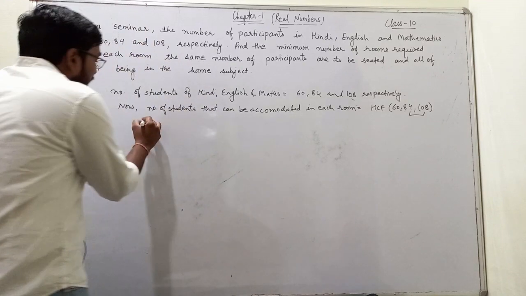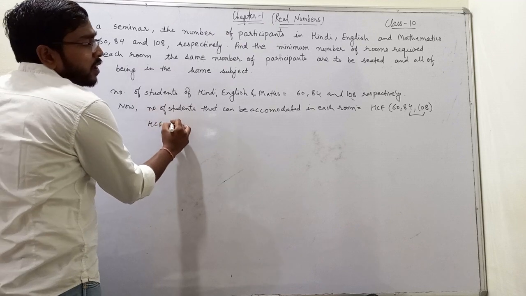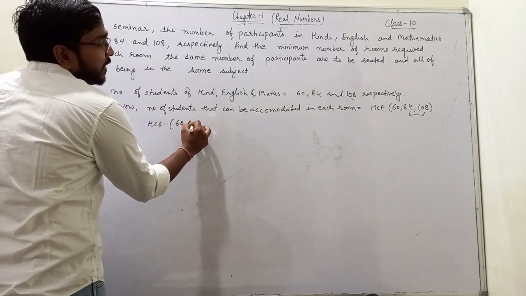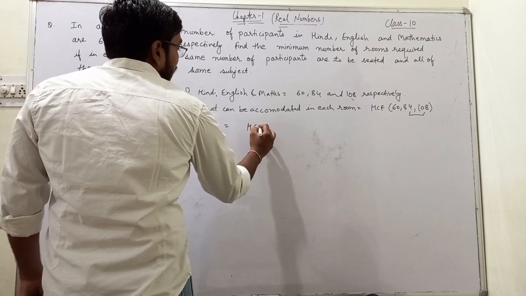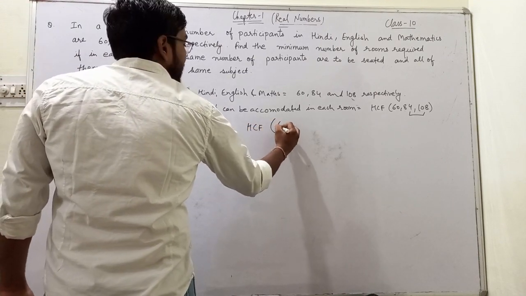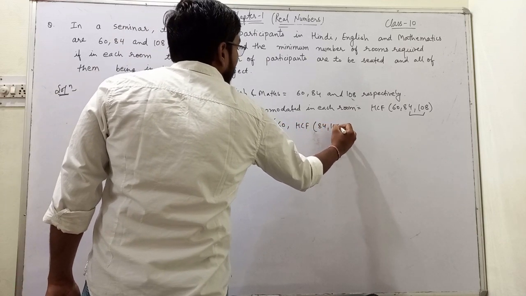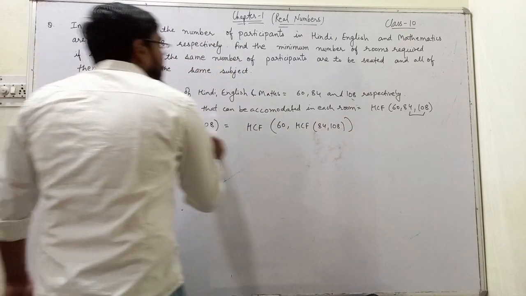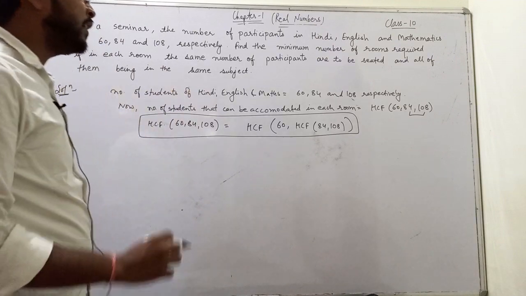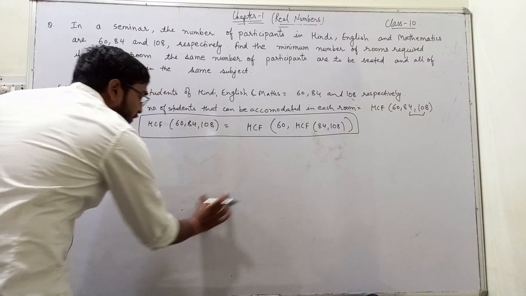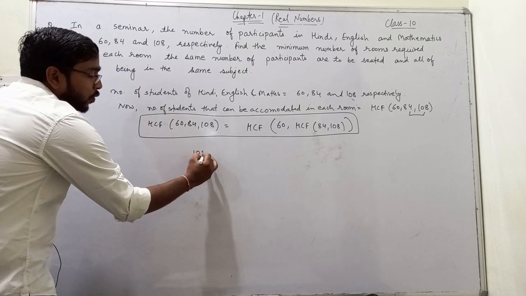Now HCF of 60, 84 and 108 can be written as HCF of 60, comma, HCF of 84 and 108. It is a very important statement, so I hope you note it down and keep it in your mind till your exam.